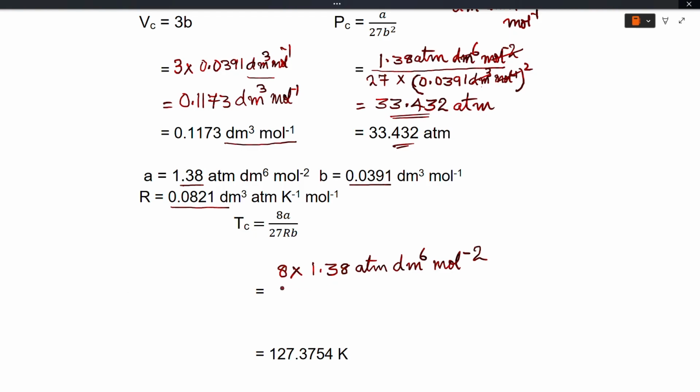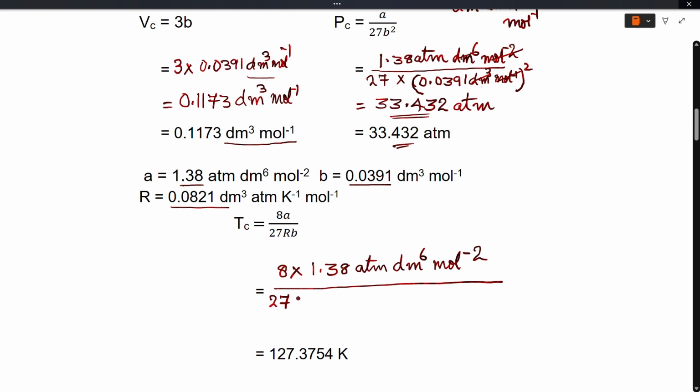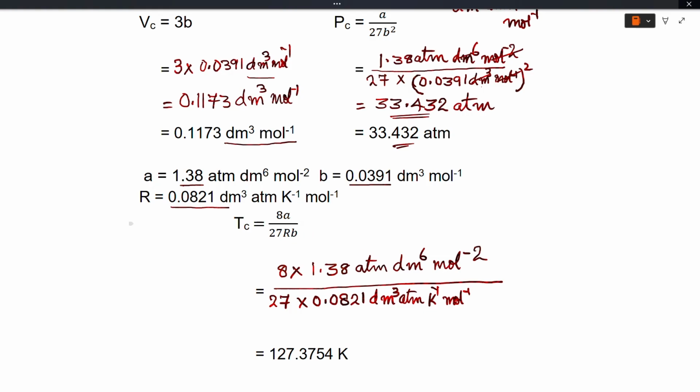Now, the denominator, whole divided by 27 into R, 0.0821 decimeter cube atmospheres per Kelvin per mole.